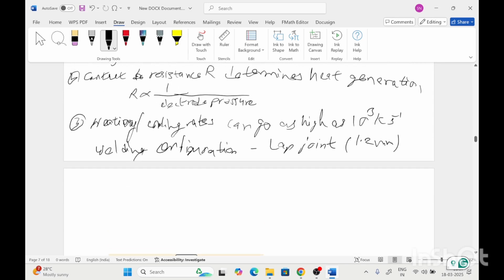If we want to calculate the heat input required for a specific application and the temperature gradient, the heating and cooling rates can go as high as 10 to power 3 Kelvin per second. These high cooling rates further determine the developed microstructure of the welded joint.